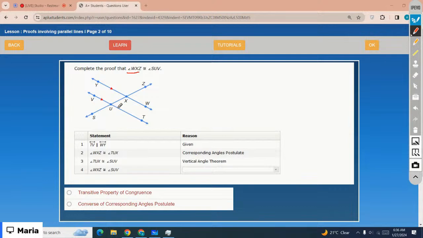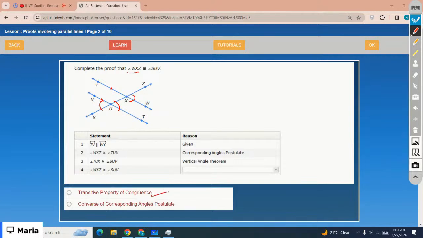So angle WXZ and TUX, they are the corresponding angles, right? Angle TUX and SUV, they are vertical angles, they are also equal. So angle WXZ and angle SUV, that is the transitive property of congruence.